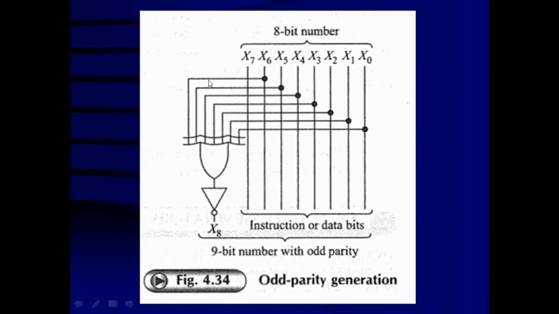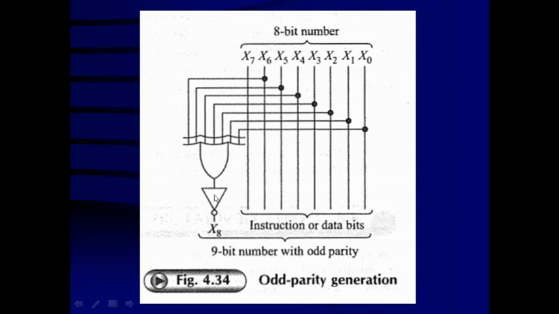You can see that this circuit is an 8-input exclusive OR gate, having x0 to x7. All these inputs are connected to the exclusive OR gate. If the 8-bit number has even parity, that means an even number of ones, then the output of the exclusive OR gate is going to be 0.